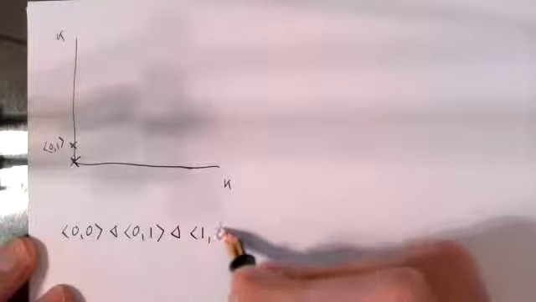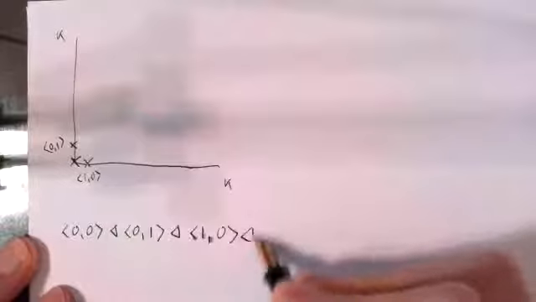Then what comes next, with the same maximum 1, is this here. And then comes 1, 1, the corner of this box.